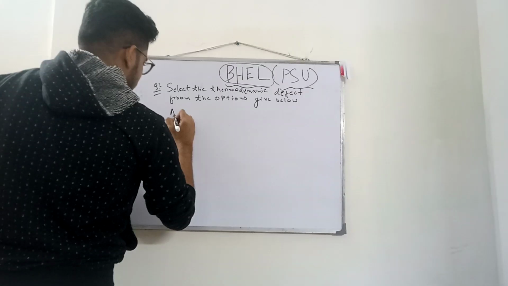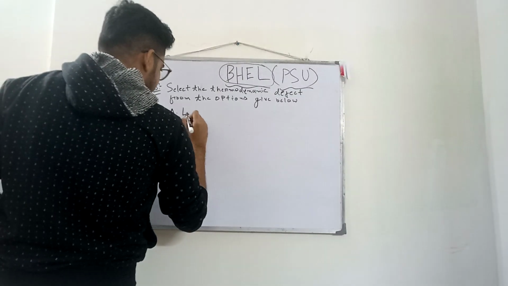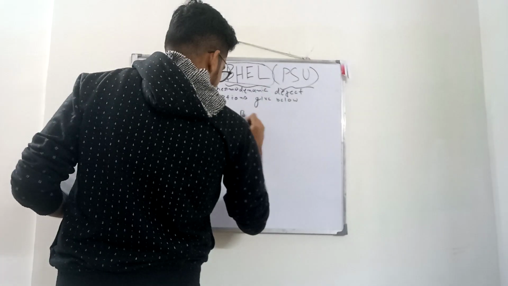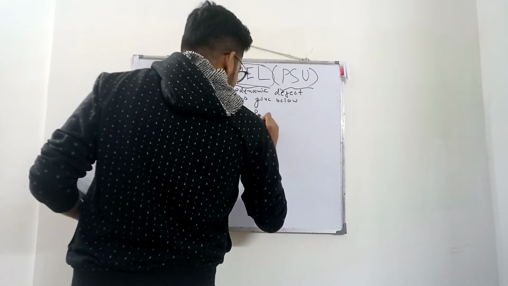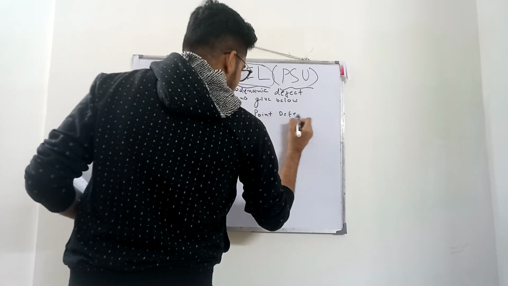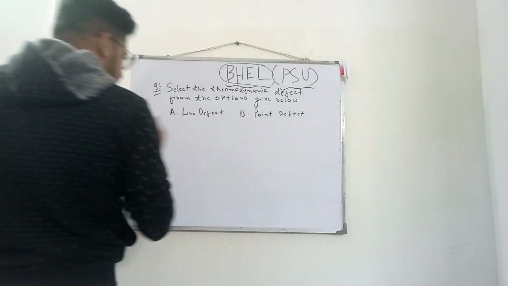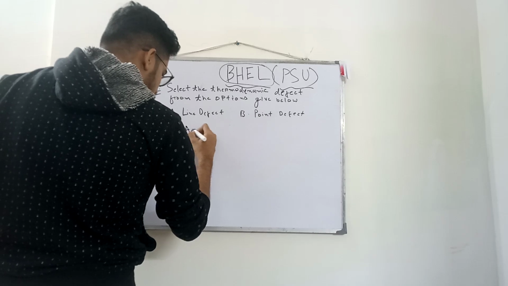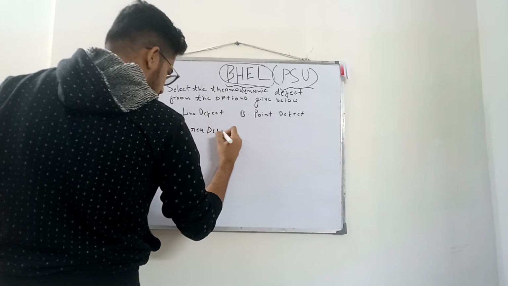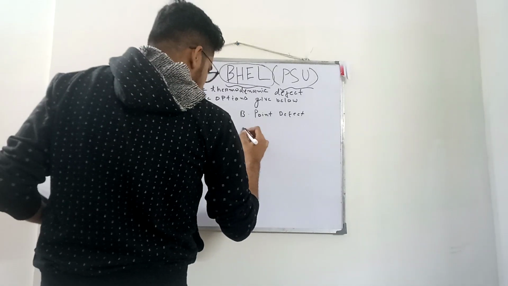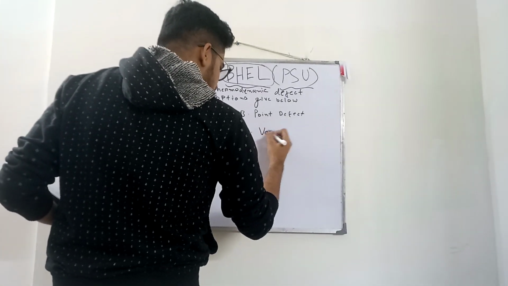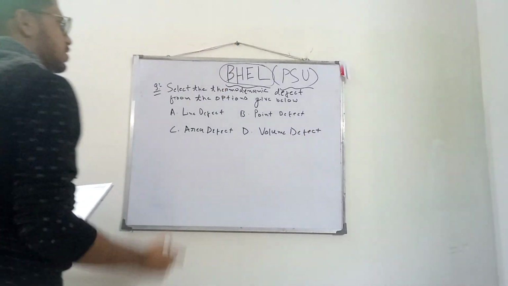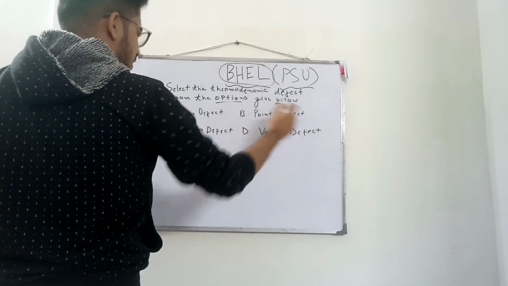Option A is line defect, option B is point defect, option C is area defect, and option D is volume defect.